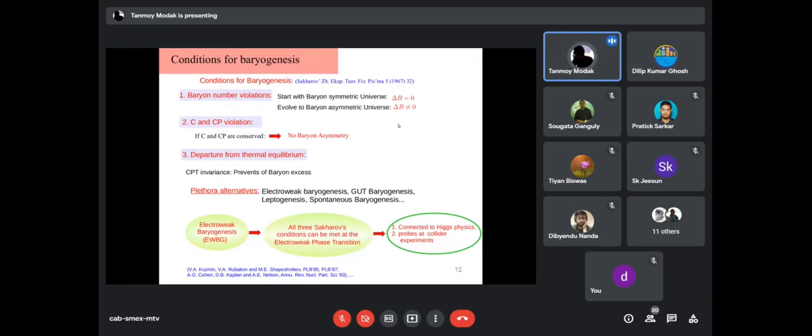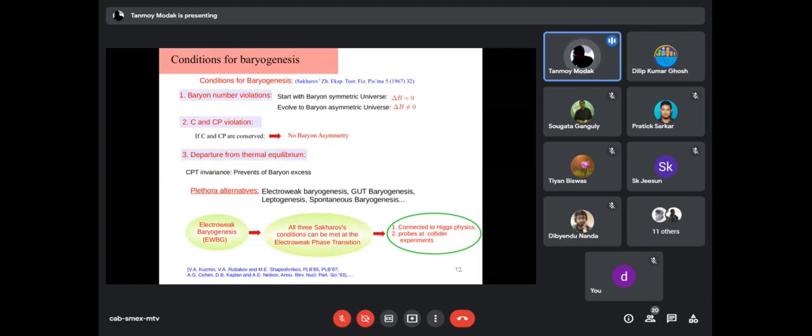If C and CP are conserved, there will be no baryon asymmetry. You also need departure from thermal equilibrium. If you have thermal equilibrium, and any mechanism creates some baryon asymmetry, the thermal equilibrium will send the asymmetry back to a matter-antimatter symmetric scenario.